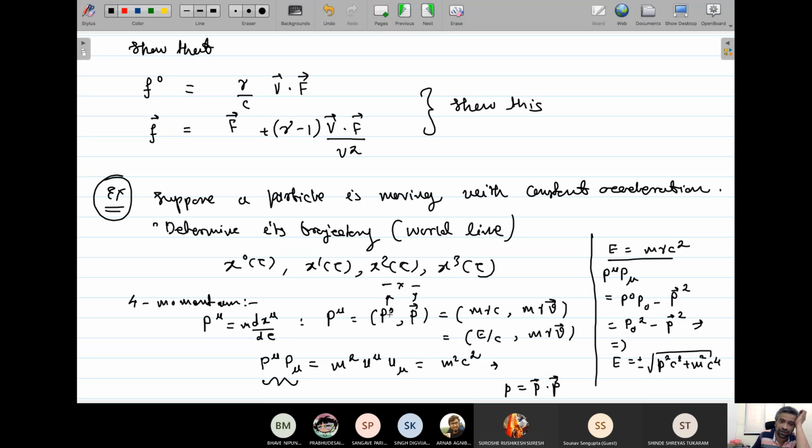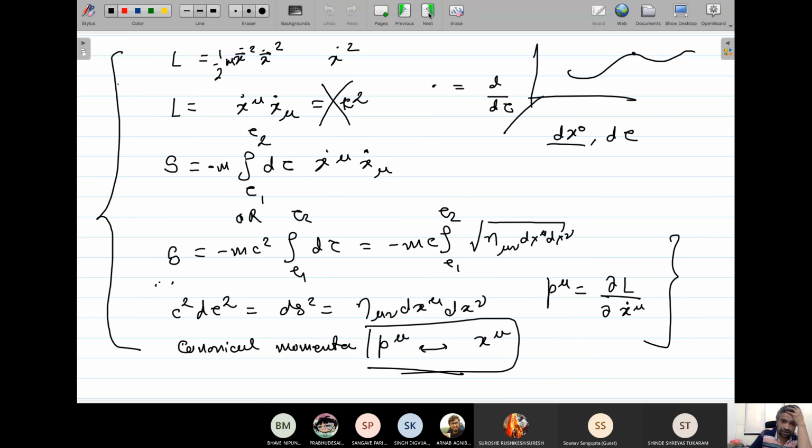Or for that matter, any function of P0 will not be Lorentz invariant, and any function of P is also not Lorentz invariant, at least manifestly. One can consider some combination of them to make a Lorentz invariant quantity. Clear?